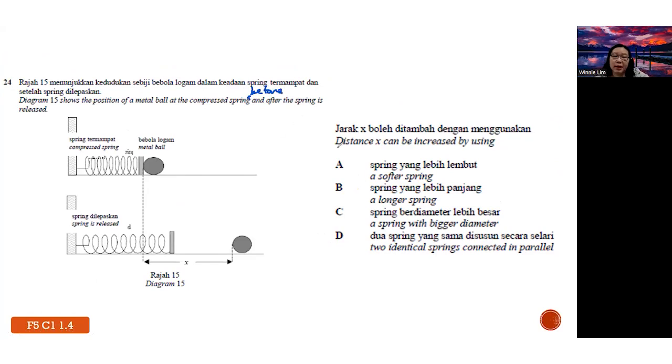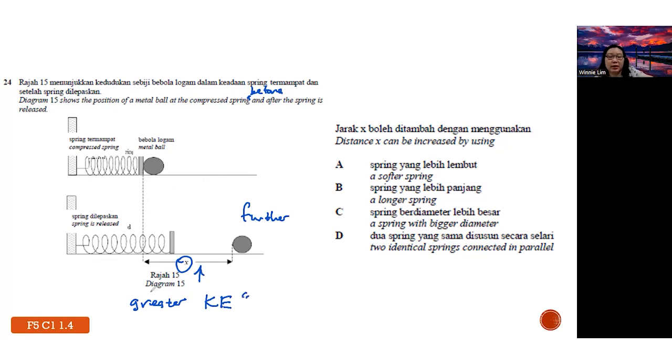Distance x can be increased. So if you want the ball to move further, what you need to do is, the end result, you need to have greater what? You want this one to be increased, right? You need to have greater kinetic energy at the end result.